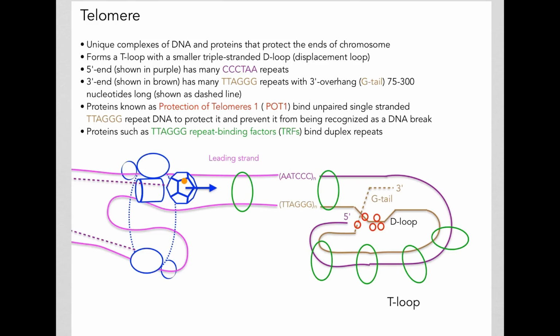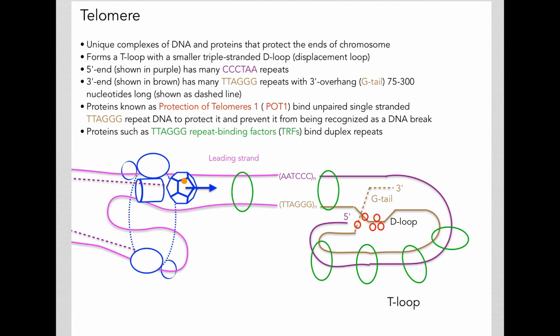The 3' end also has what we call a 3' overhang, or a G tail, which is about 75 to 300 nucleotides long, and you can see that tail here. You can see an extra piece. This is called the G tail. Okay, the 3' overhang, or the G tail.